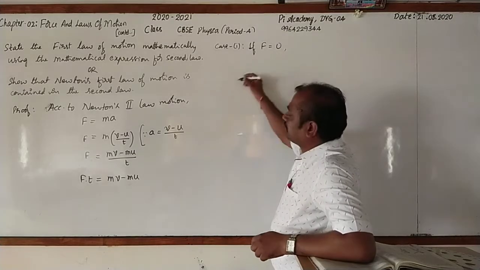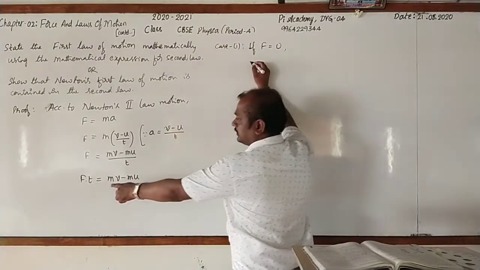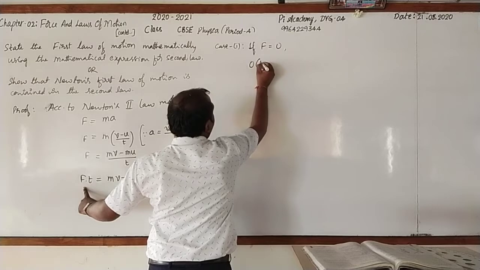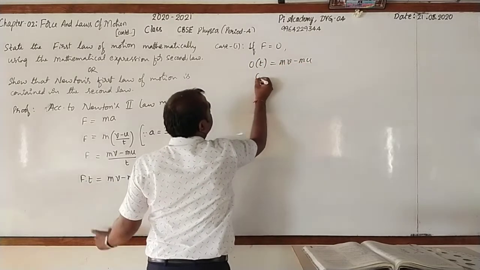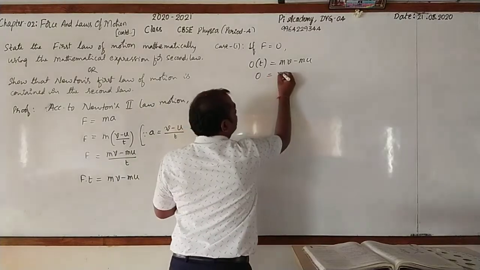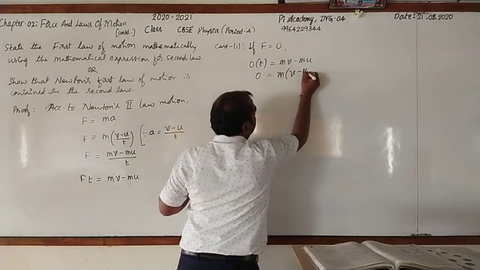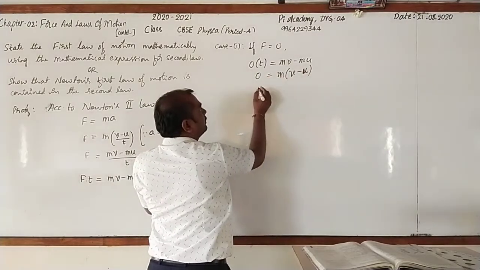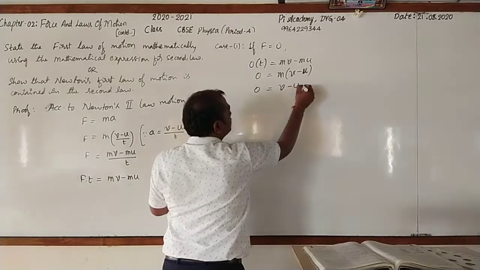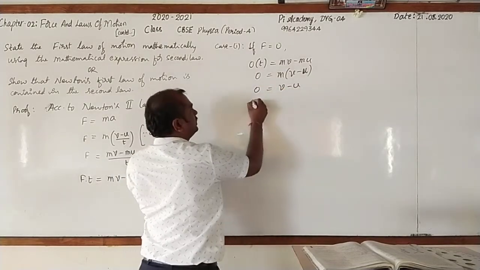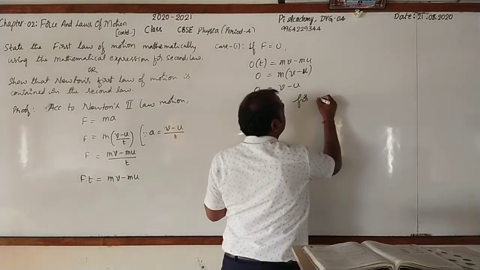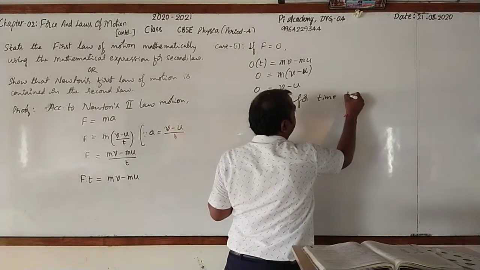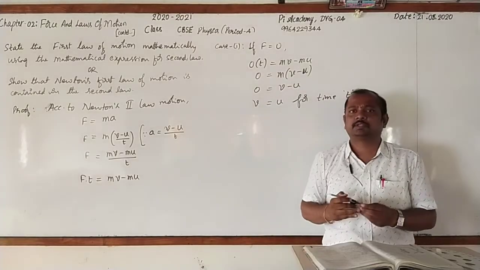Then we can write, see that 0 into t is equal to mv minus mu. 0 into t is 0. It's equal to m into v minus u. Then 0 by m is again 0, v minus u. Transfer u to the left hand side. It becomes v is equal to u for time t, irrespective of whatever the time.